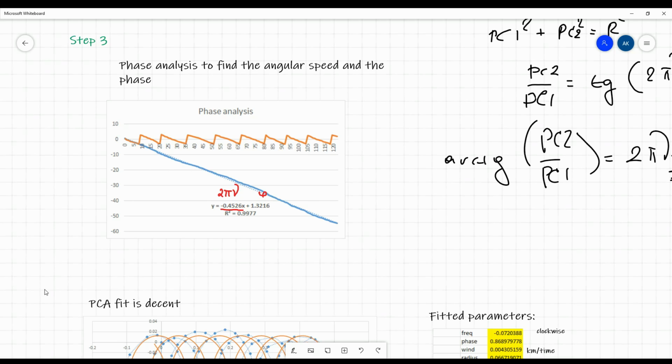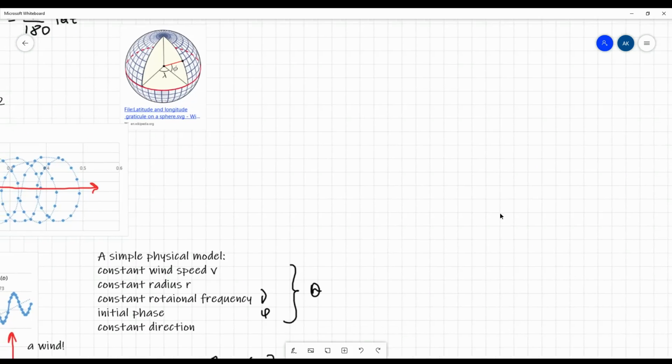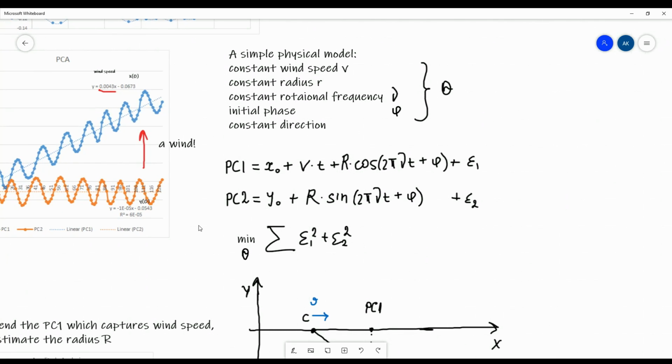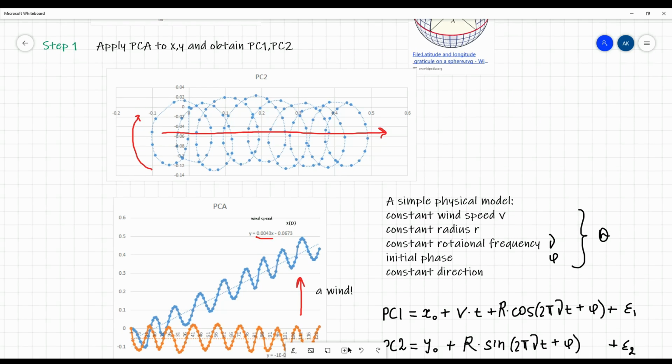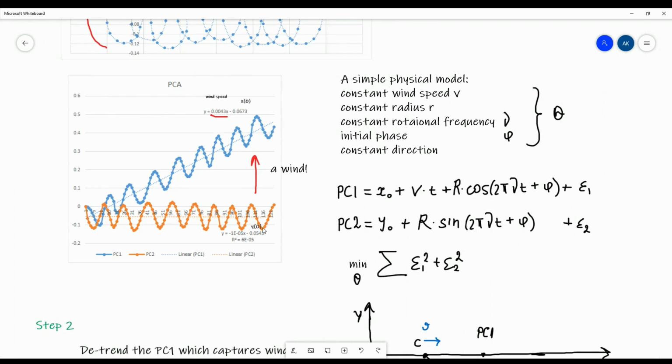So once we got the frequency and the phase, it's interesting, we were able to get all the variables. Look at this equation, right? x0 and y0 and the speed of the wind, we were able to get from the initial step number 1 when we were converting, when we fit the linear regression into principal components of Cartesian coordinates. We got PC1 and PC2, and then simple linear regression gave us 3 coefficients right there.